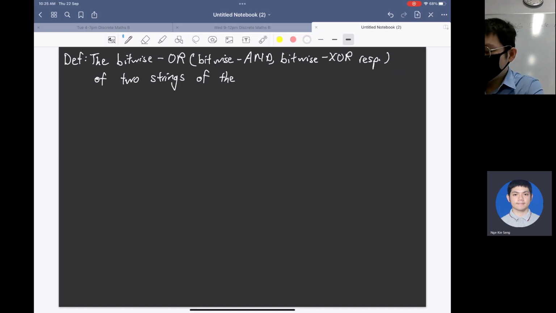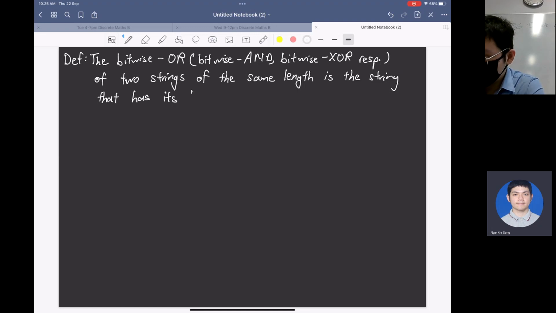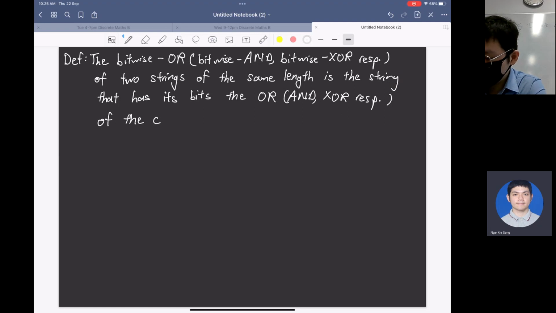You can only add two strings of the same length. You must make sure they have the same length before you add them together. And then how do you add them together? You add them bit by bit, at the corresponding bit.